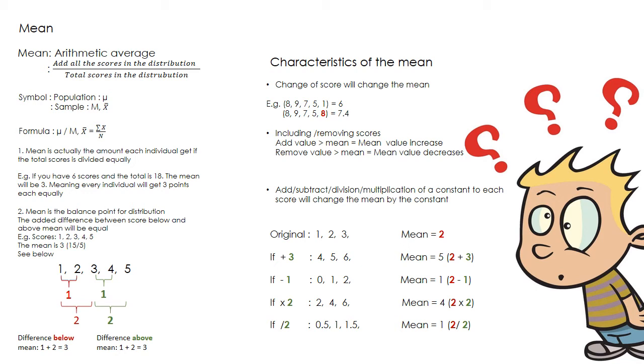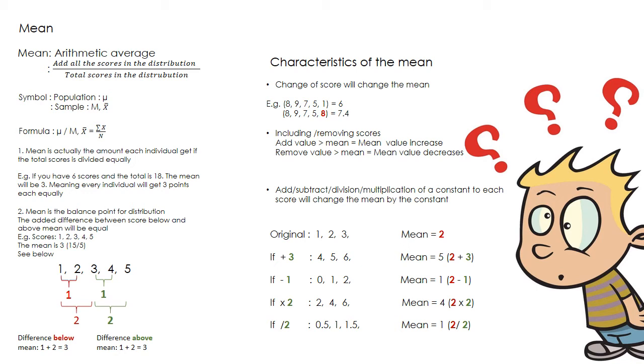So what is the mean actually all about? The mean is the amount each individual gets if the total score is divided equally. Let's say that you have 6 scores and the total is 18. So the mean will be 3, right? When the total of all the scores is 18 and you have 6 scores or 6 people or 6 individuals in it, you will get an average of 3.